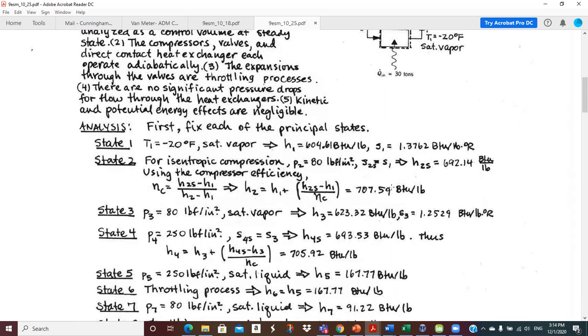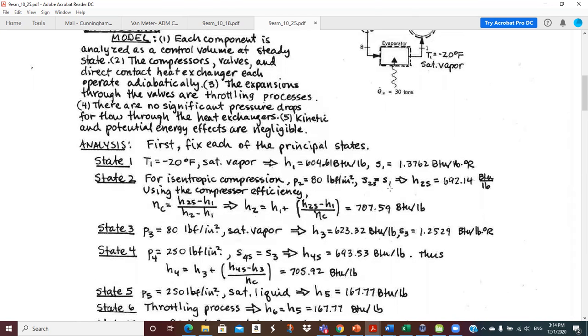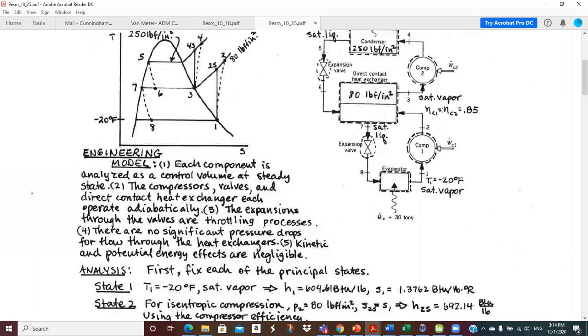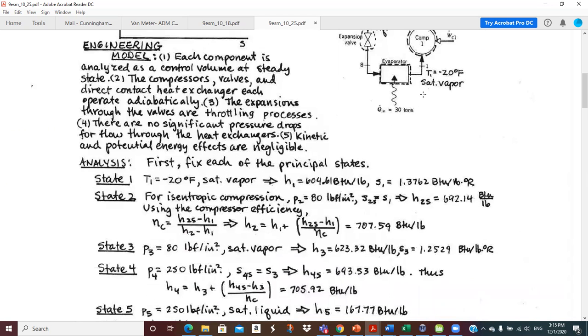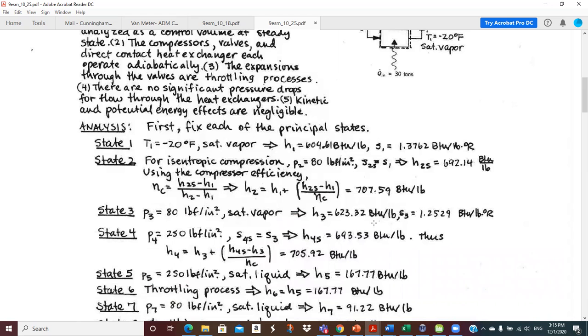Okay, and so that moves us then along to state 3, which is saturated vapor at 80 pounds per square inch absolute. So that's a straight lookup from the table. So that's pretty easy. That's at 3. So we get 623.32 for the enthalpy and 1.2529 for the entropy.